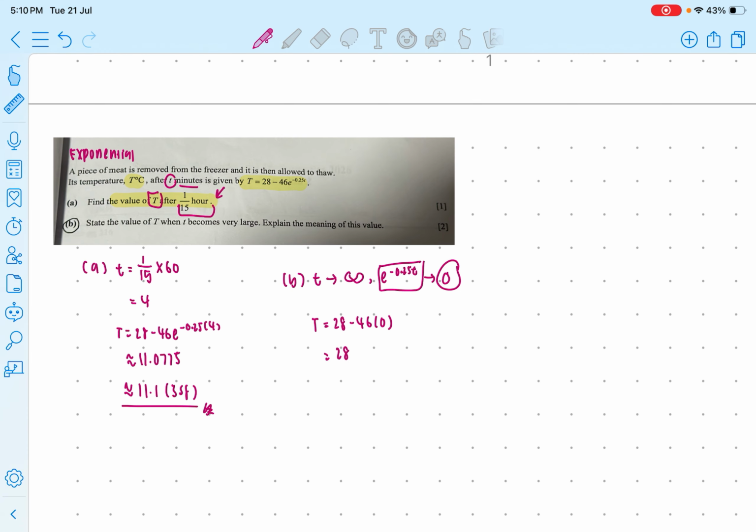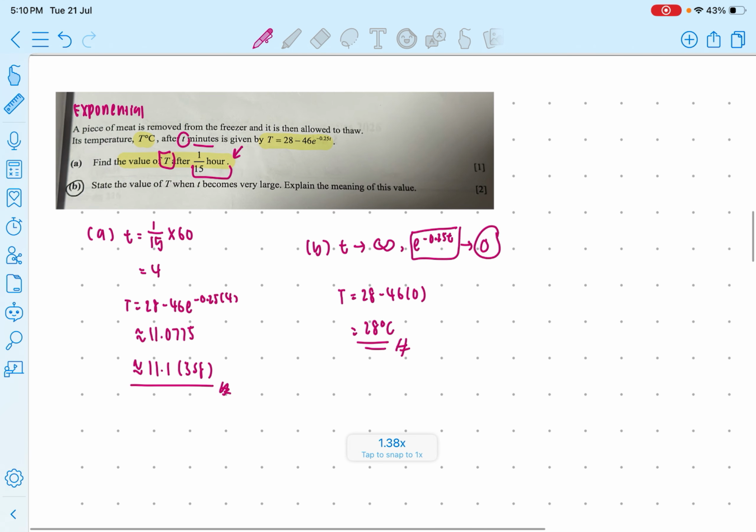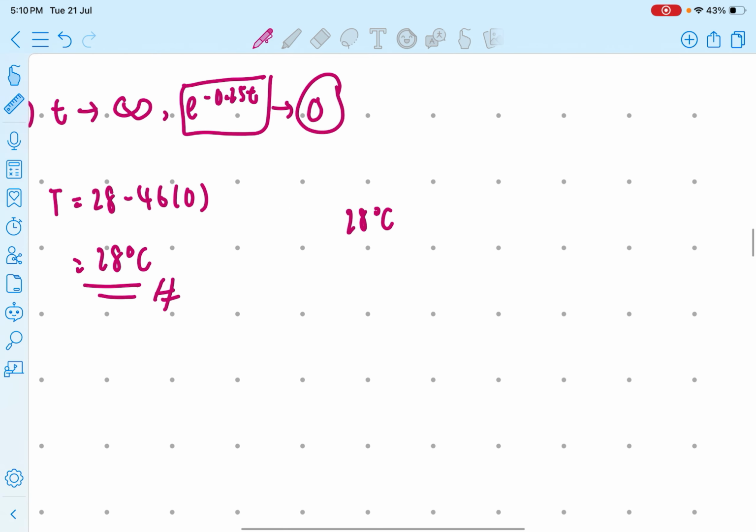So what does this mean? The value is 28 degrees. Why 28 degrees? Because 28 degrees represents the room temperature.